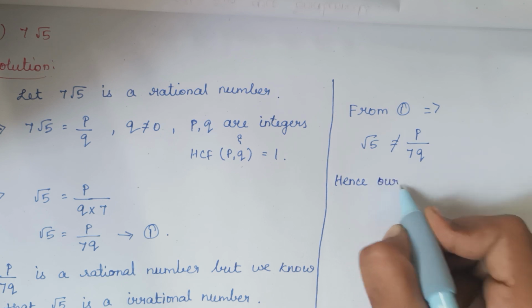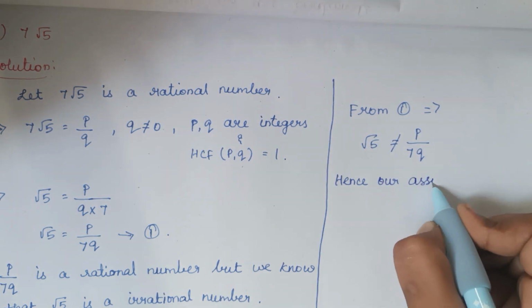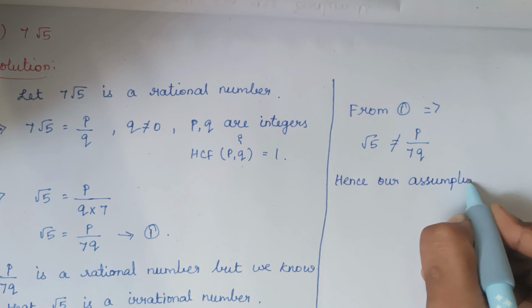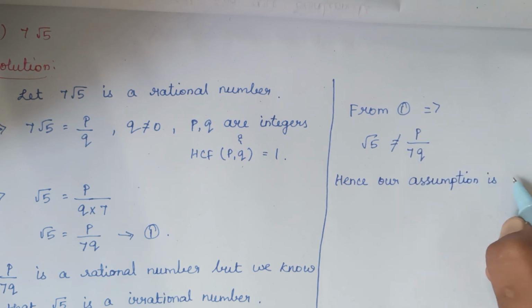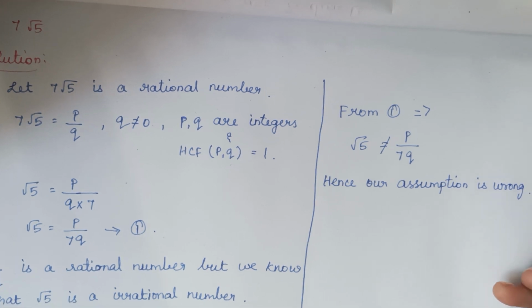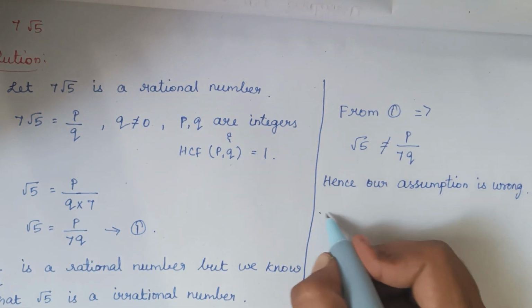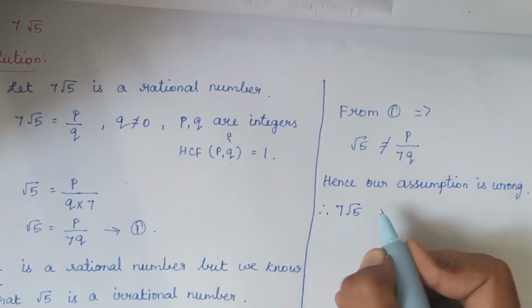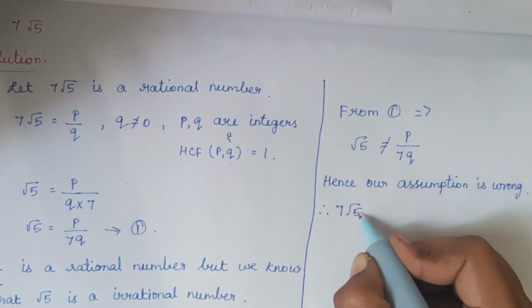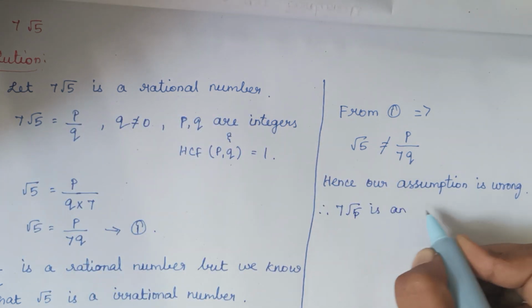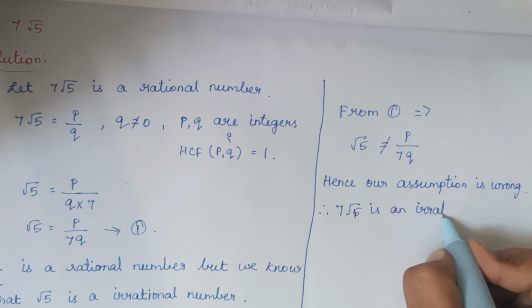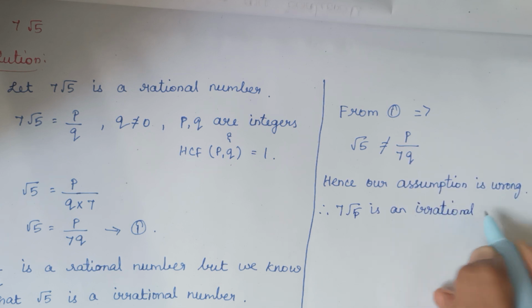Hence our assumption is wrong. Therefore 7 root 5 is an irrational number. Okay.